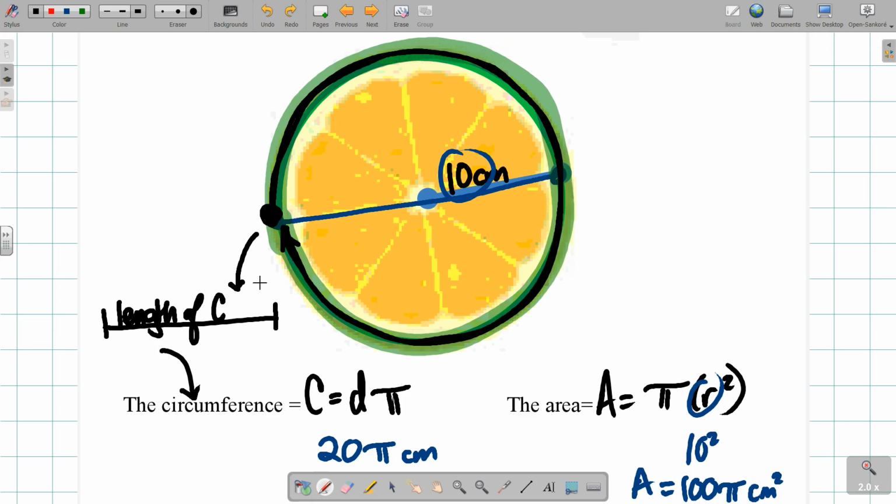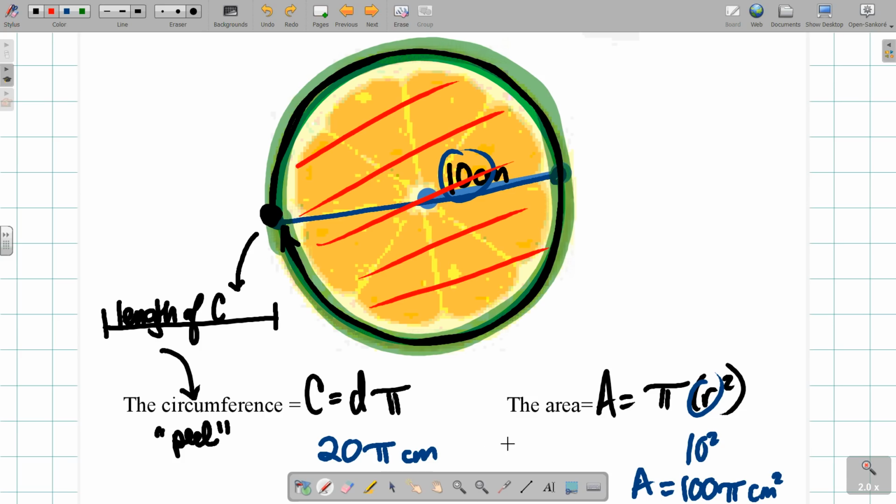Theoretically, I could slice that peel off and flatten. That's the length of the circumference. That's going to be, imagine, the peel of the slice. The area of the slice, of course, would be the actual orange itself, or the pulp. Peel and pulp.